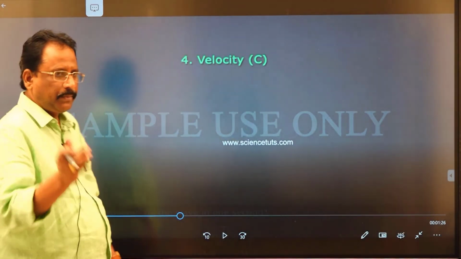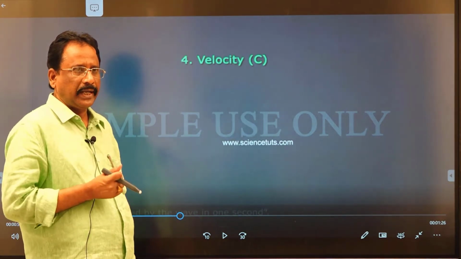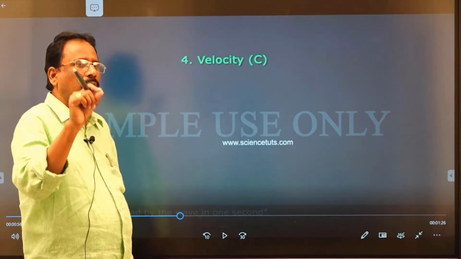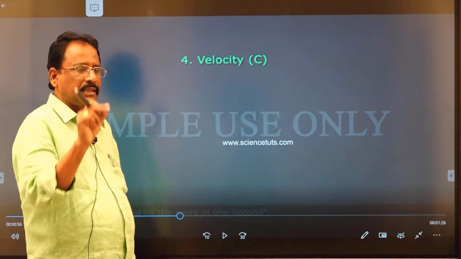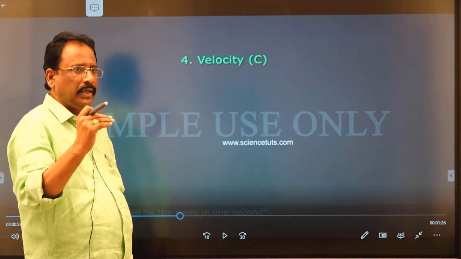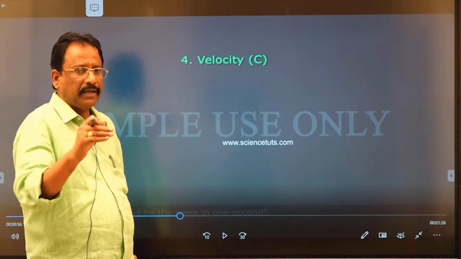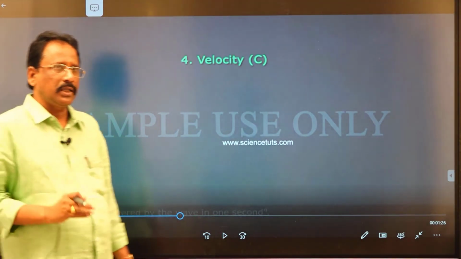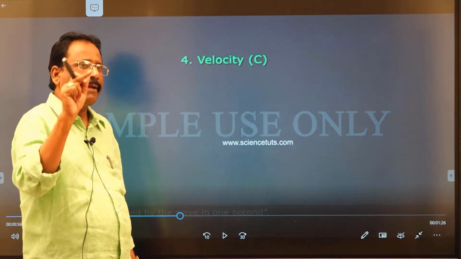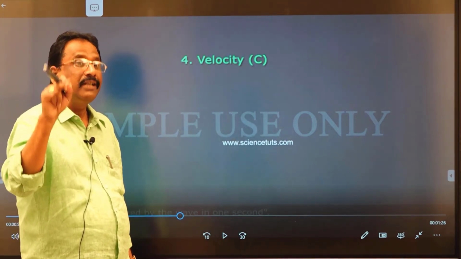Once again I will repeat the statement of wave number of any type of electromagnetic radiation: the number of wavelengths per unit length. That means the reciprocal of the wavelength in centimeter is nothing but wave number. So the formula used to calculate wave number, that means nu bar, is equal to 1 by lambda in centimeter or 1 by lambda in meter.